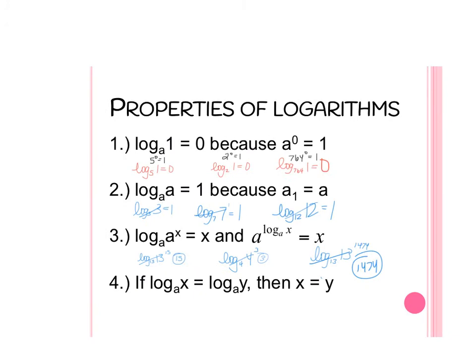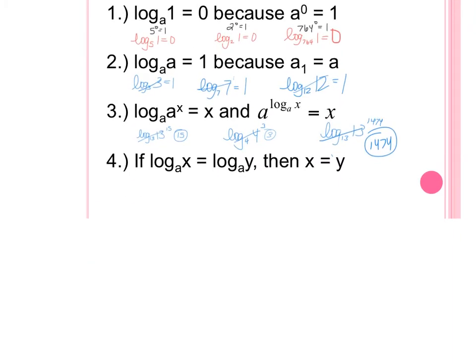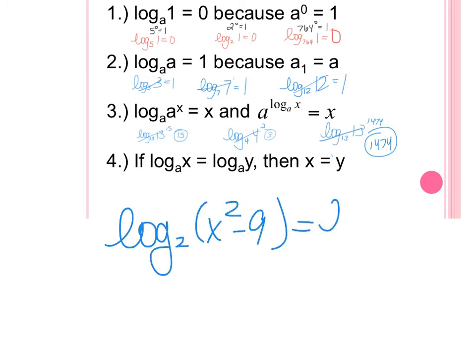We're going to use this property in 3.3 to 3.4. But if I have like log base 2 of x squared minus 9 equals log base 2 of x plus 3. Does anybody know how to solve this? Oh, you simplify, or you do the factor. What do we have to do first? Factor. Maria, what do I have to do first?